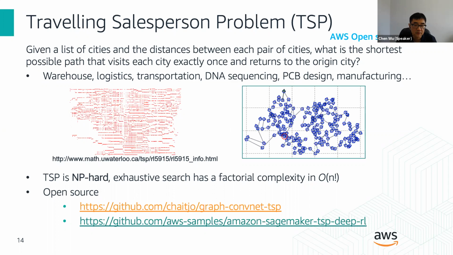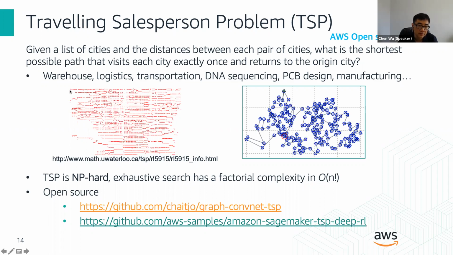So it has a lot of applications in order picking in warehouses, logistics, transportation, DNA sequencing, and manufacturing. On the left, you can see an example of a PCB board, where you have almost 6,000 holes, and how to drill these holes in a more efficient manner.